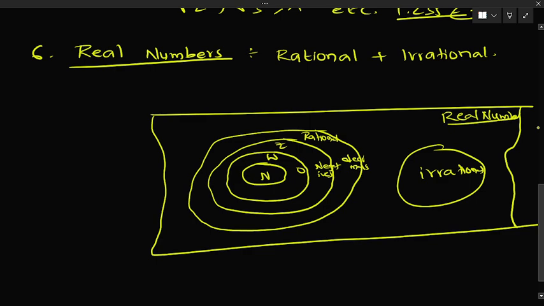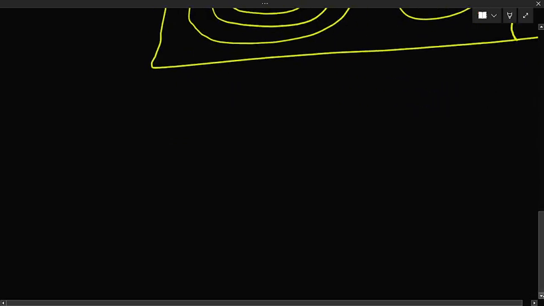So this is the brief introduction regarding types of numbers, and our next concept is factors, multiples and prime numbers.